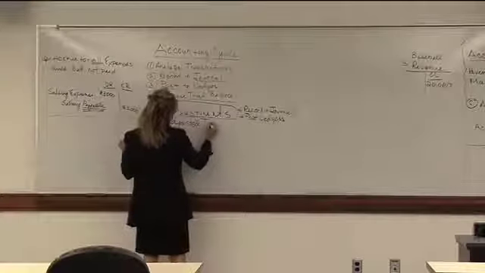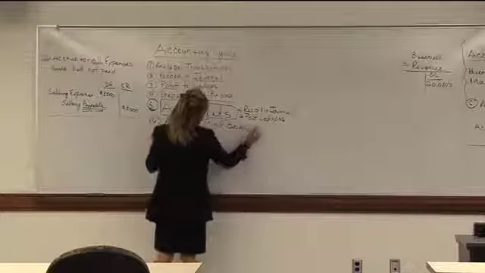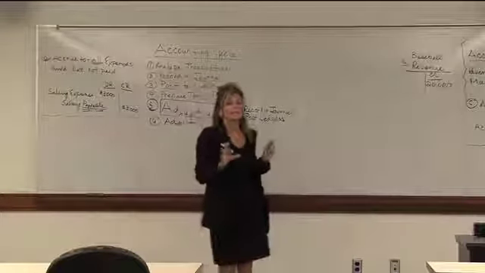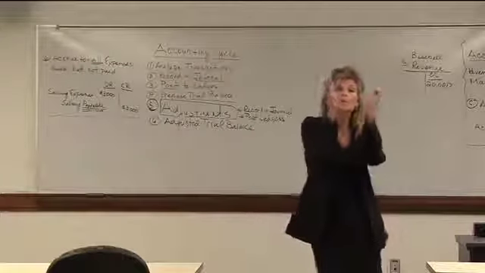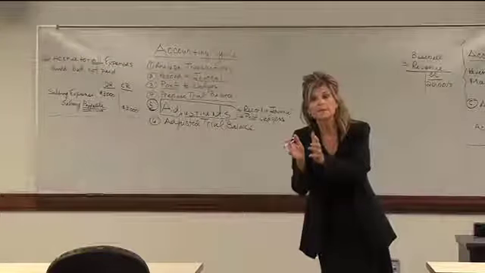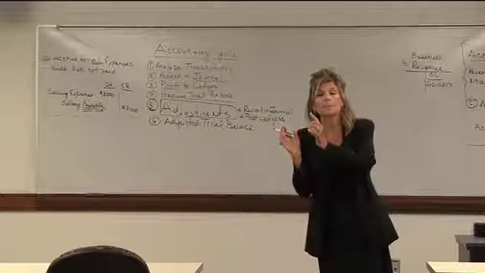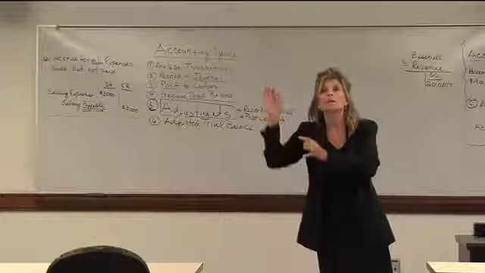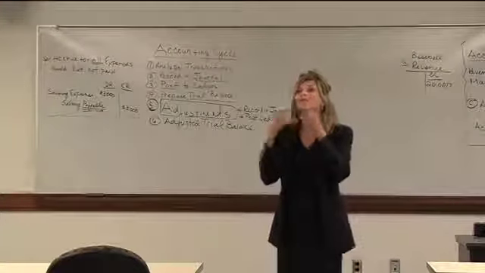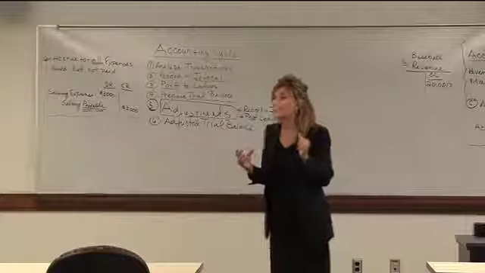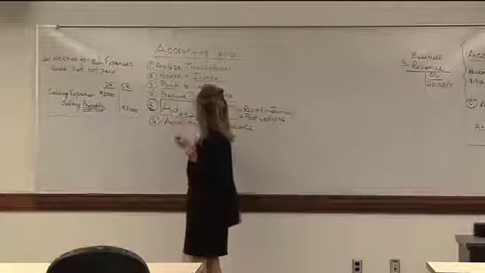So that's telling us, hey, I took a look. I tweaked all of my accounts. I'm pretty confident that I've got all the revenue, all the expenses through the accrual adjustments. I've updated assets that have become expenses, and I've updated unearned revenue or a liability that's become revenue. So my balances should be fairly accurate at this point. So run another trial balance. Make sure you didn't make a mistake.